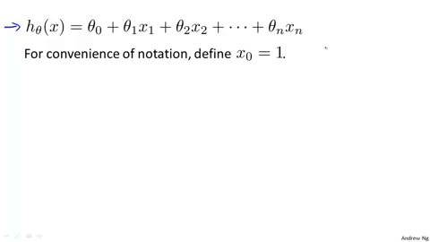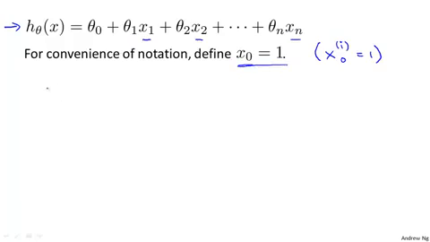Concretely, this means that for every example I have a feature vector x superscript i, and x superscript i subscript 0 is going to be equal to 1. You can think of this as defining an additional zero feature. So whereas previously I had n features, x1, x2 through xn, I'm now defining an additional zeroth feature that always takes on the value of 1.